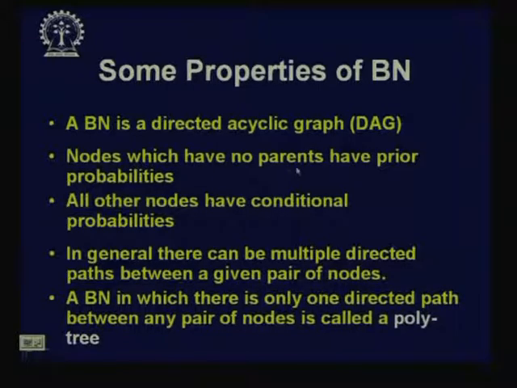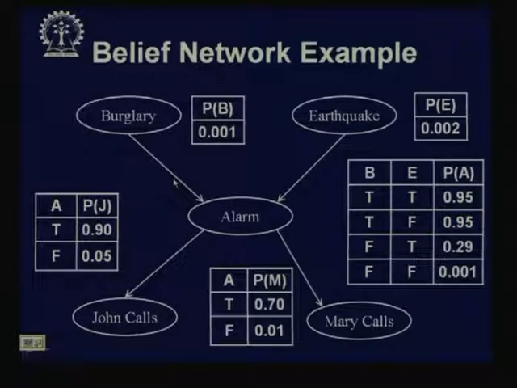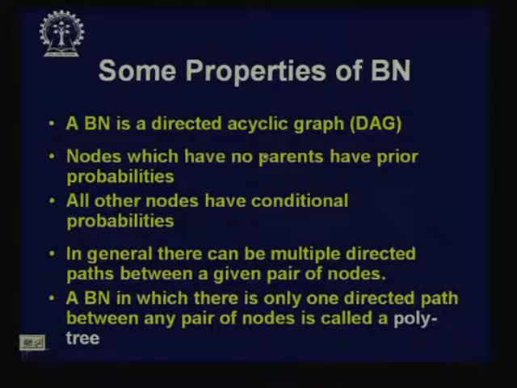Nodes which have no parents are given prior probabilities. All other nodes have been given conditional probabilities.